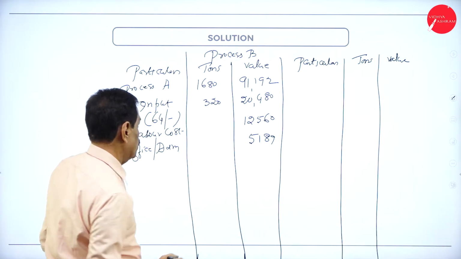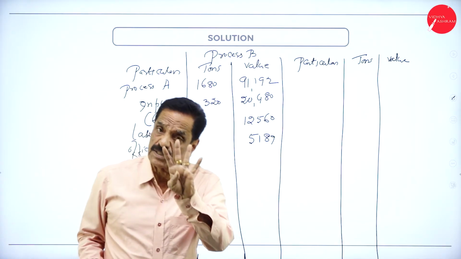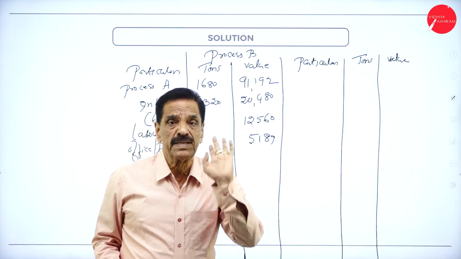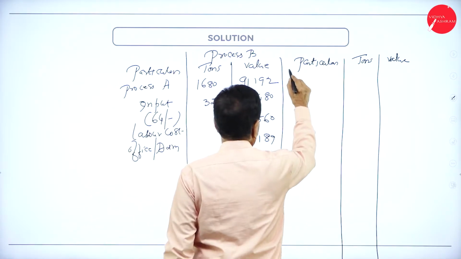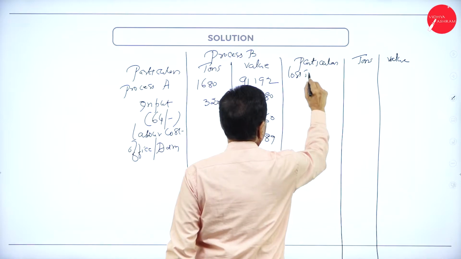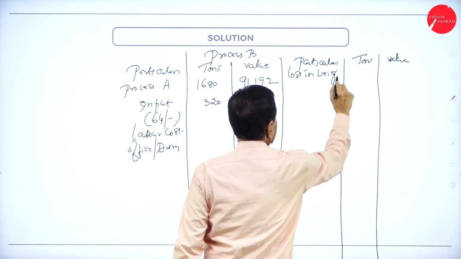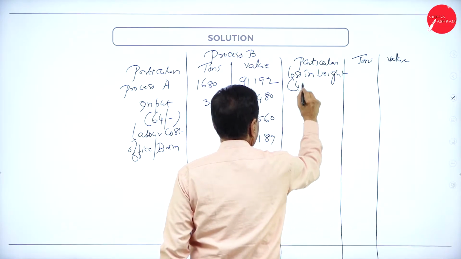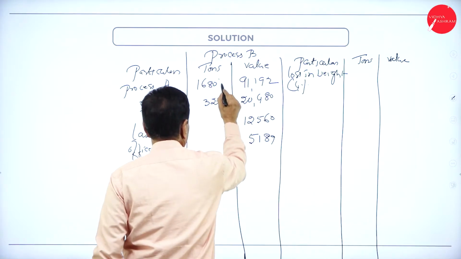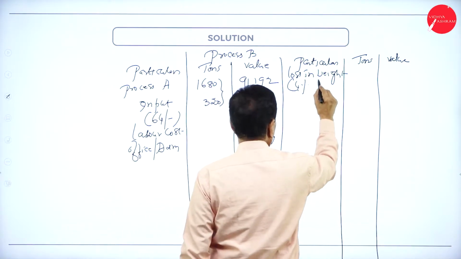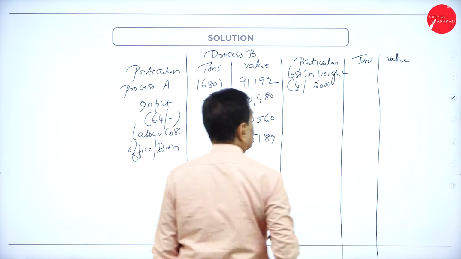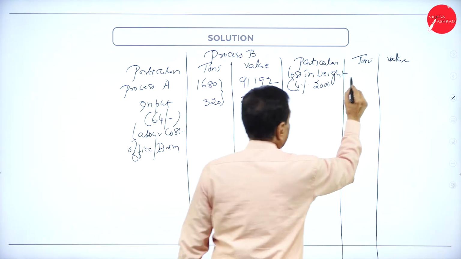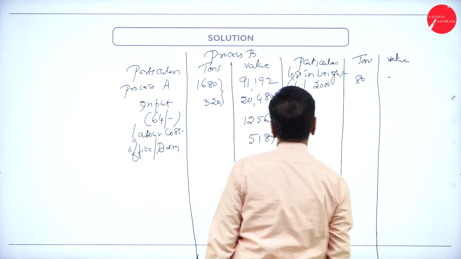In each process, 4% is wastage, 6% is scrap. By loss in weight, 4% on total, on 2,000 units. 4% means 80 tons, no value.